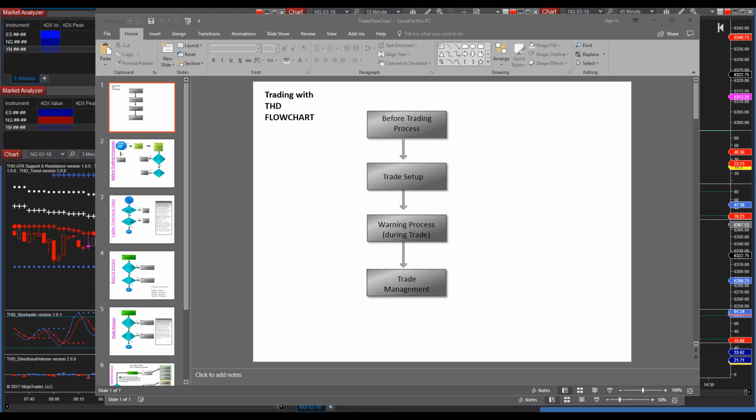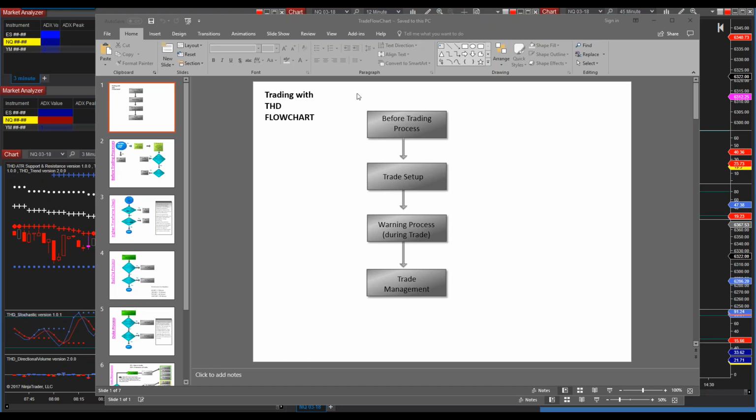Okay, what I'm going to do is start out with a refresher course on the trade flow chart. I think everybody has this. If you're in the Skype room, then I know you should have it.